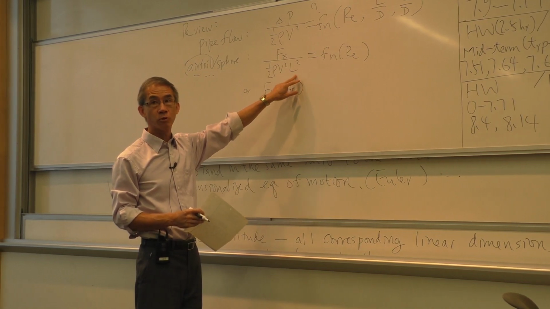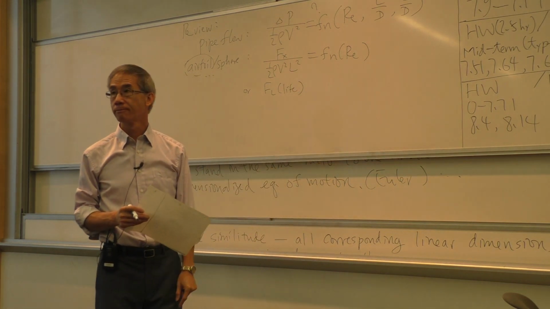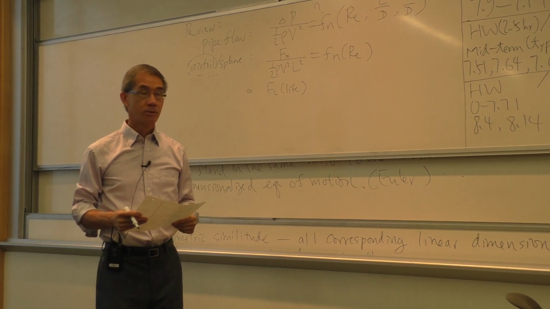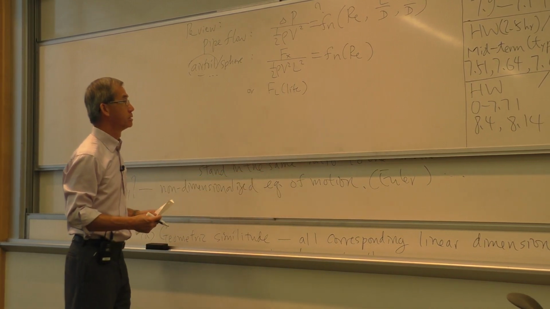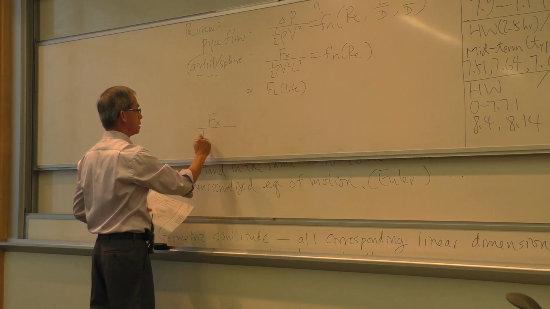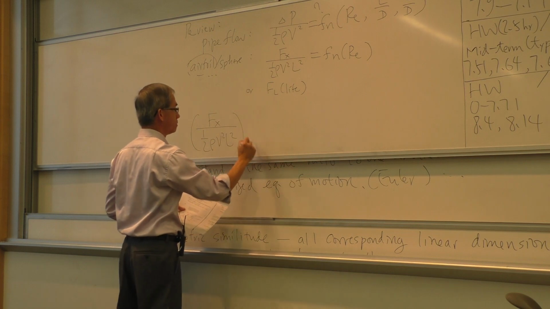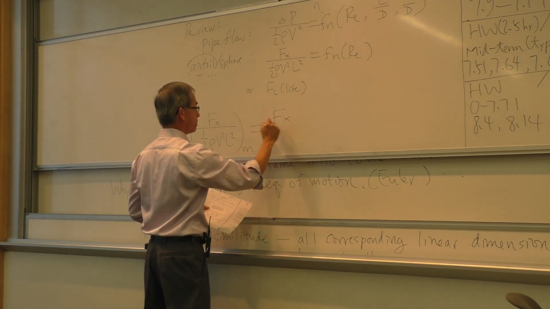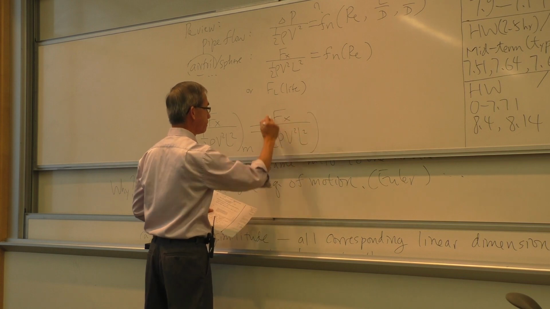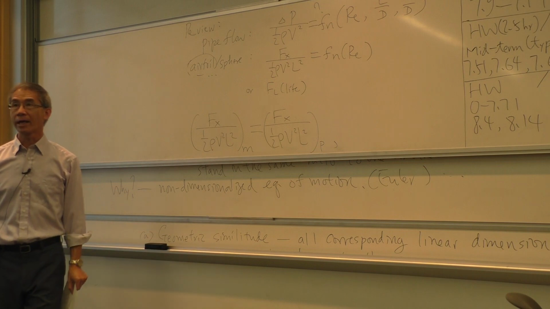Pi 1 is a drag coefficient, pi 2 is the same old Reynolds number. Right? Do you get it? So what we have done in the last minute was that those pi terms for the model must be exactly the same as those for the prototype. That's how I can relate the drag of the prototype.